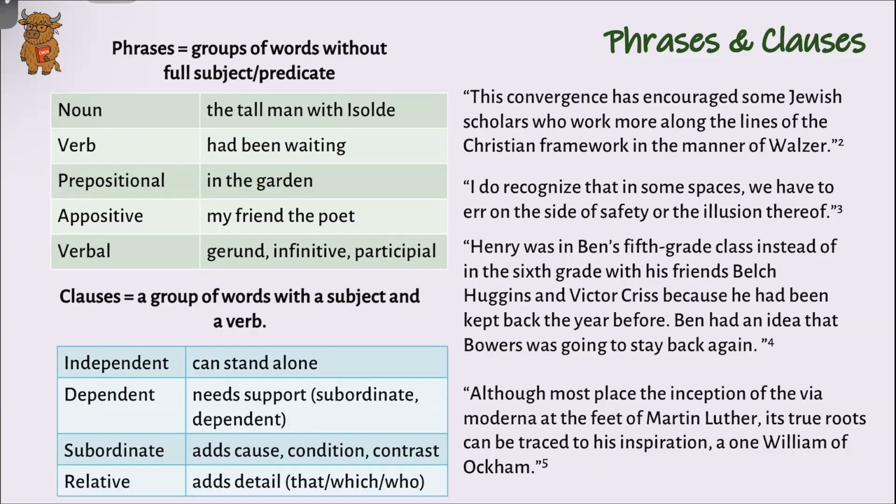On the right, you'll see some examples pulled from published writing. These show how phrases and clauses appear in real sentences, not just in abstract textbook examples. They illustrate how writers layer phrases and clauses together to create nuance and rhythm. So the main takeaway here is phrases give us building blocks, clauses give us structure, and when we combine them thoughtfully, we get complex, sophisticated sentences.